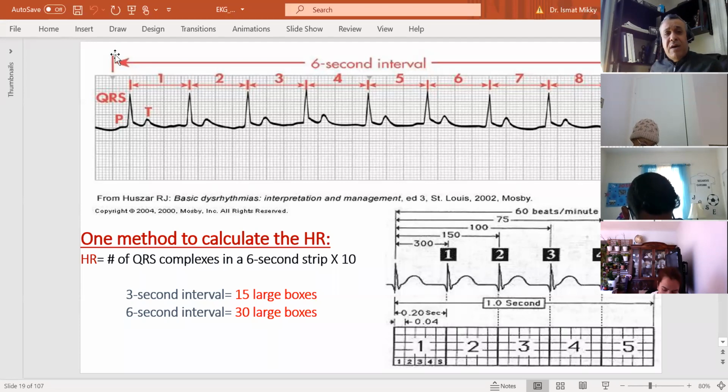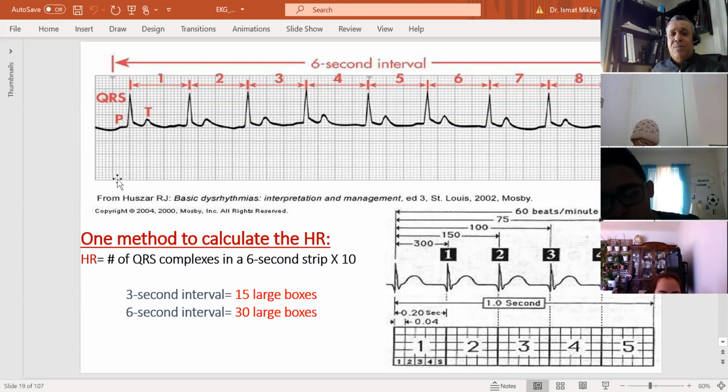We said the x-axis is time and the y-axis is the amplitude, the voltage. The length of one large box is 0.2 seconds.